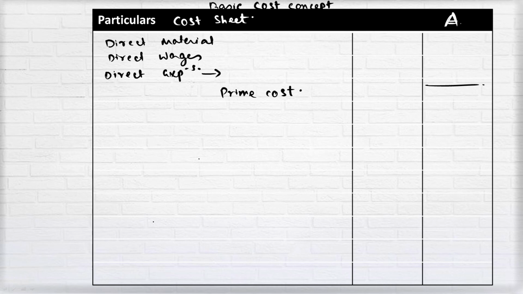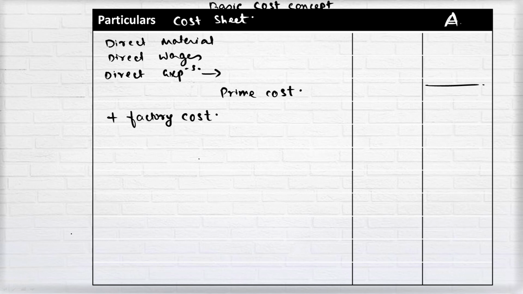Is it all? Now, only the direct cost is cost of the product A? The answer is no. We need to add other cost also to factory cost. I need to add which cost? Factory cost. But understand, factory is manufacturing only product A or A, B and C, all three.